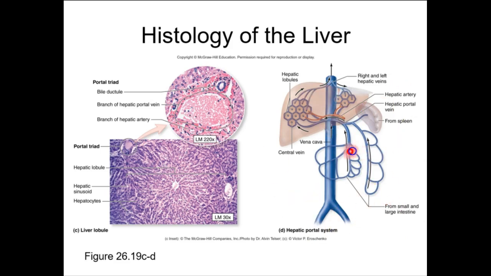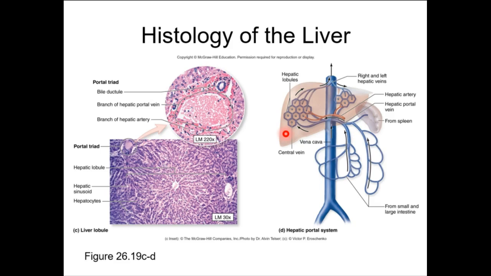In the case of the hepatic portal system, you go from capillary beds in the small and large intestine, from those inferior and superior mesenteric veins. And that goes to a larger vein, the hepatic portal vein. And then that goes to the liver, where it goes to more capillary beds. So is it a typical arrangement to go capillary bed, large vessel, capillary bed again?